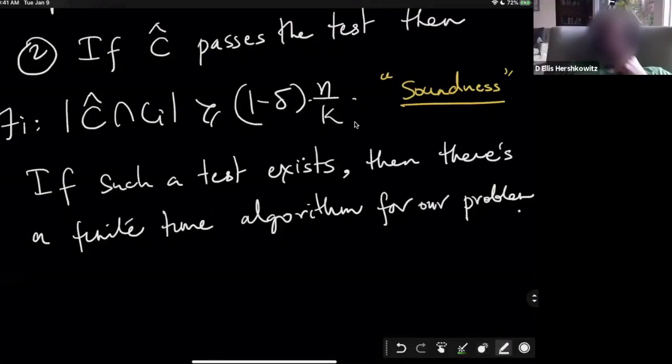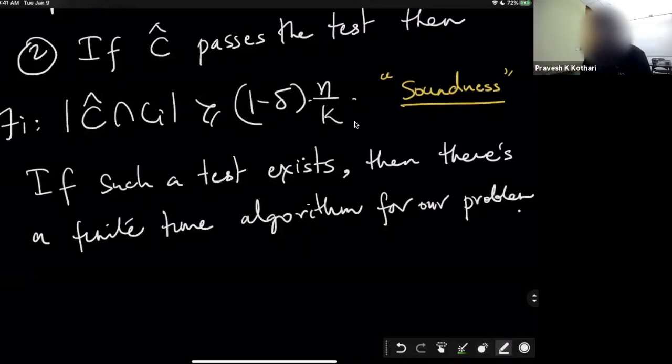You can just brute force over clusters and hand them to the test. And if it passes, take it. Absolutely, right? I can just simulate the oracle myself. The oracle is at best doing an exponential time computation: just go over all possible subsets of size k from the n points that I have. That's n choose k different subsets, and just run the test on each of those, right?